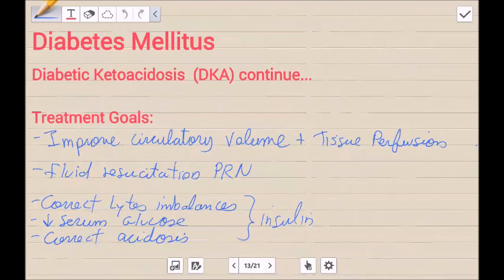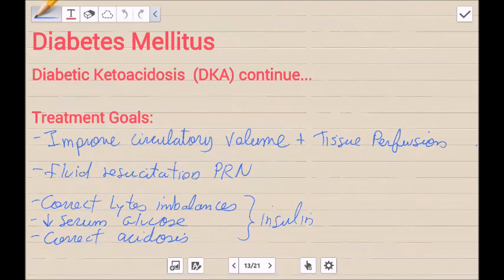Some of the treatment goals include improving the circulatory volume and tissue perfusion to maintain those vital organs with oxygen-rich blood, fluid resuscitation as needed, and correcting the electrolyte imbalances. A lot of hospitals, especially in the intensive care units, have medical directives that allow nurses to replenish electrolytes, potassium, magnesium, phosphate, calcium, depending on the level, and you can give X amount, and that varies from hospital to hospital.